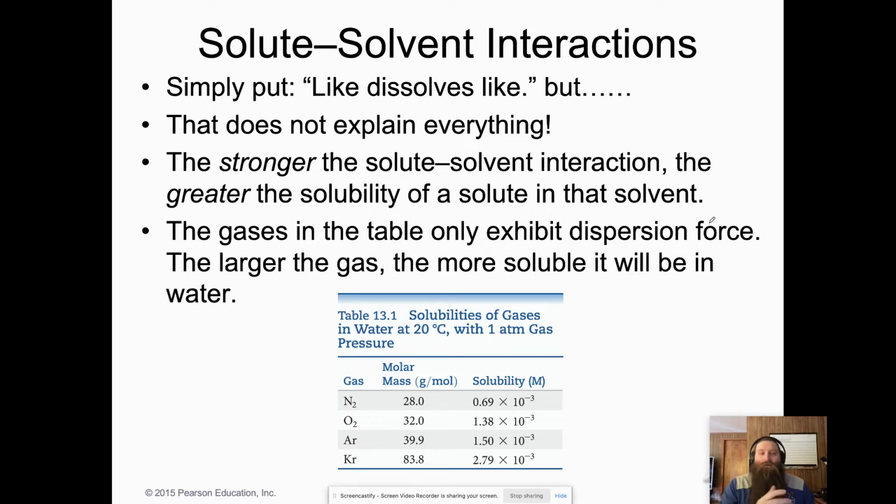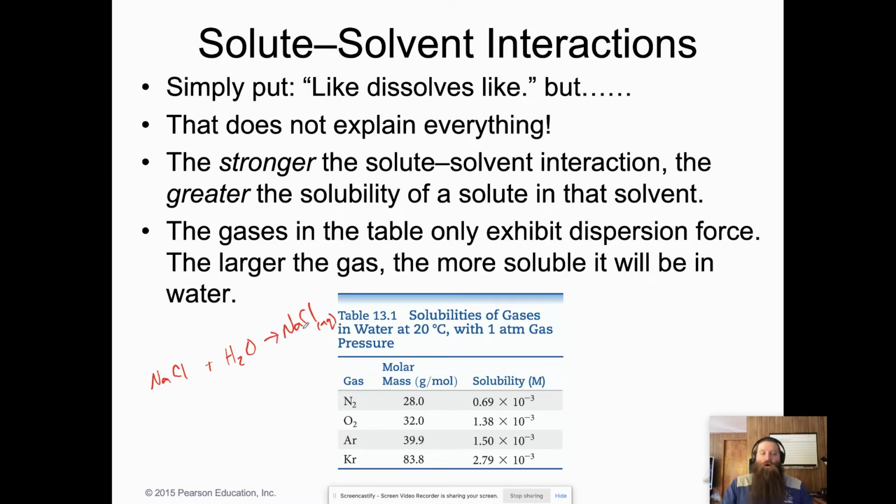When you're looking at like dissolves like, what you're talking about is if you have a really strong interaction between the solute and the solvent, there's going to be greater solubility of that solute in that solvent, okay? So if I have, we'll just use the old classic, right? NaCl and water, I'm going to get NaCl aqueous.